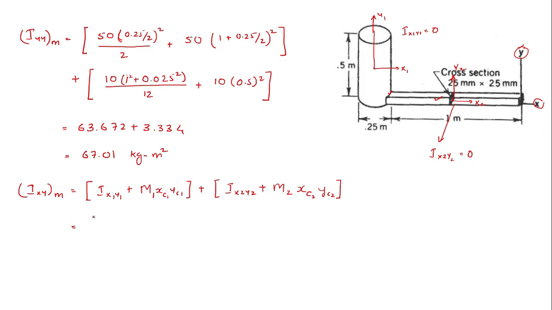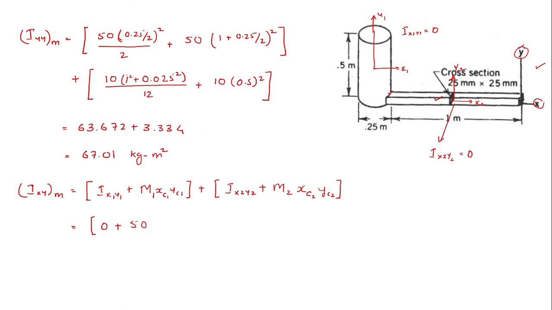So this will be equal to 0 plus 50 into xc1 yc1. Now here x1 and y1 is the reference frame attached to the mass center here.